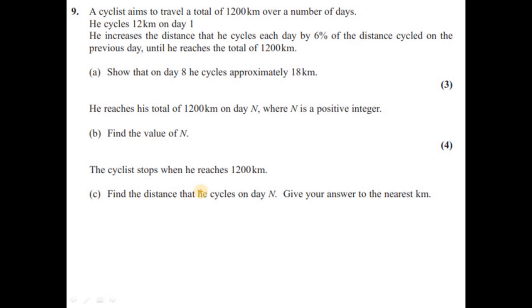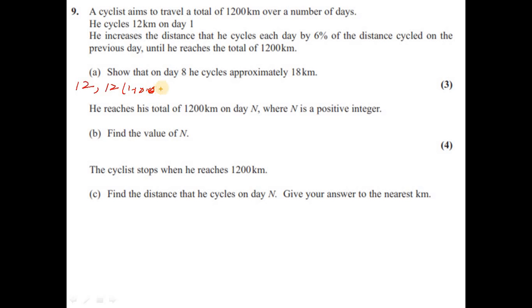Okay, so let's see. The first day he cycles 12 km. So 12 the first day, and the second day is 12 times 6% of the previous one. That means 1 plus 0.06, yeah, 1.06 is 6%.